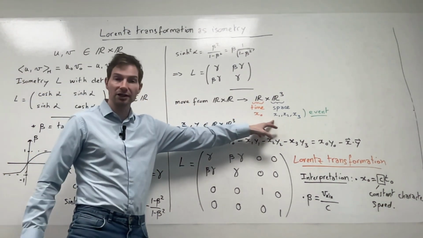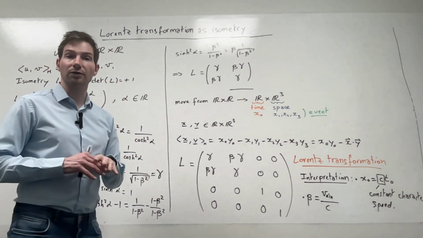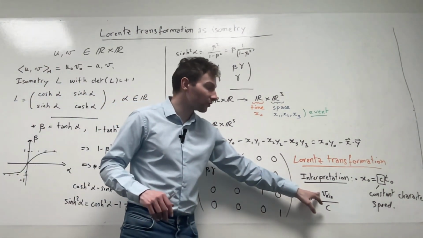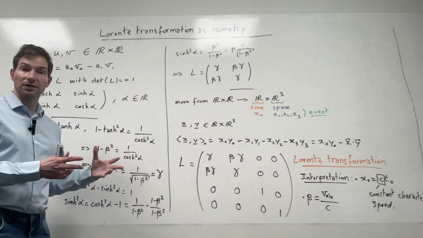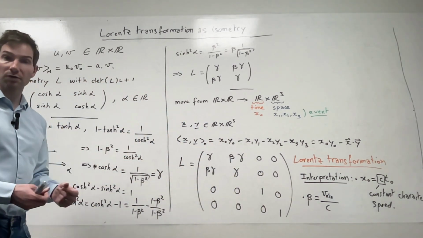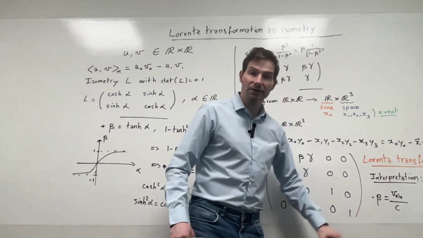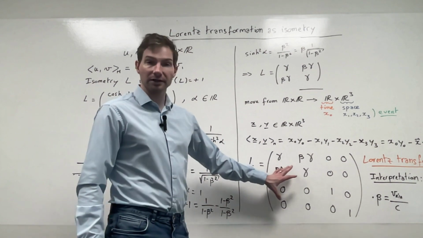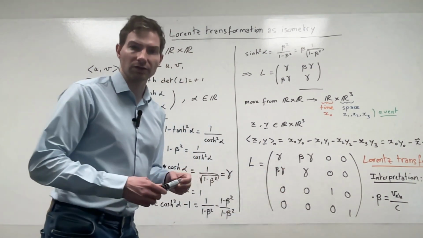So along this x1 direction, you've got a particular motion going on at that particular velocity relative to the original coordinate system. And then when you want to transform into a new one that moves at that velocity, you apply that transformation. Okay, so that's the interpretation that is given to that.